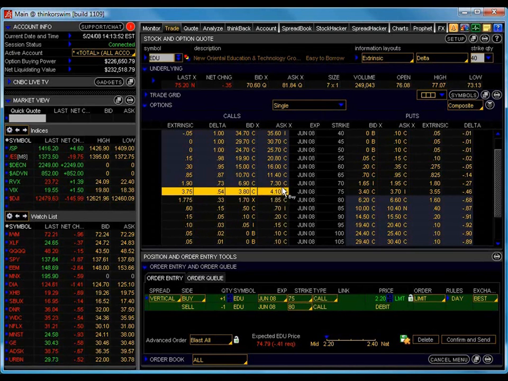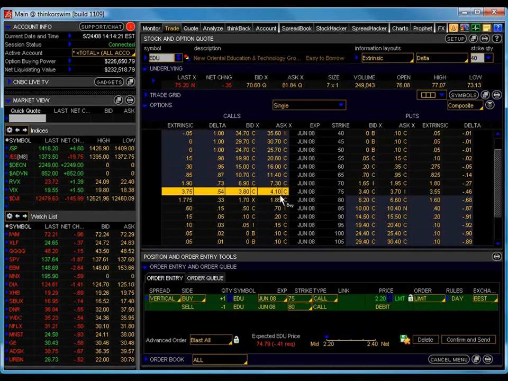Well, if we look over to the left here at extrinsic, the extrinsic value of the option is $3.75. In other words, there is no actual intrinsic value in this option. It's not in the money. It is at the money. This is considered an at the money option.